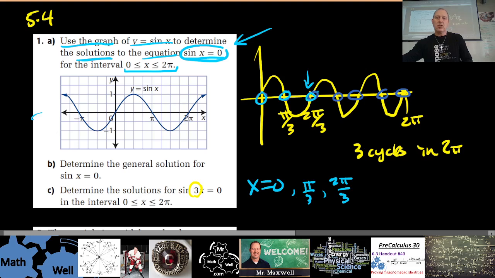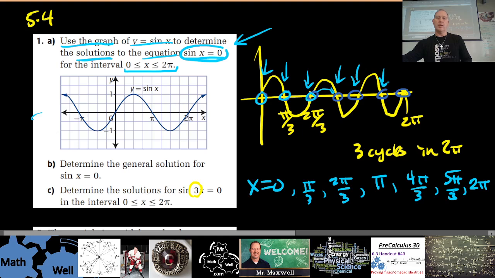Each intercept is just adding 1 pi over 3 to the previous one. So this is 3 pi over 3, which simplifies to pi, and then 4 pi over 3, and then 5 pi over 3, and then 6 pi over 3, which is 2 pi. So all of these intercepts are what you're looking for in 1C.